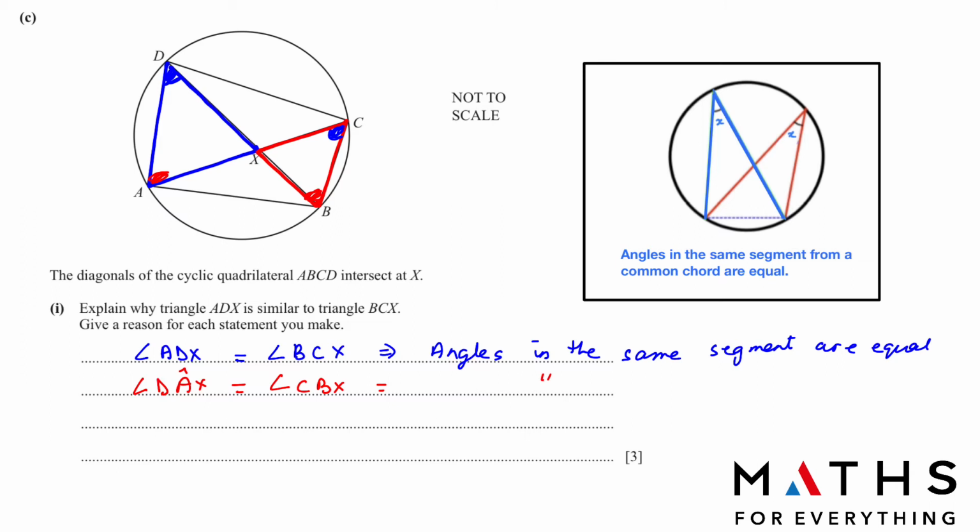We already found 2 angles. If 2 angles are equal, the third angle is going to be the same. But we can also say angle DXA is equal to angle CXB. Vertically opposite angles are equal.